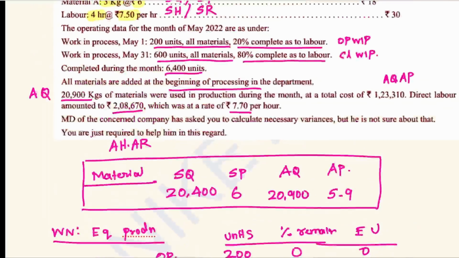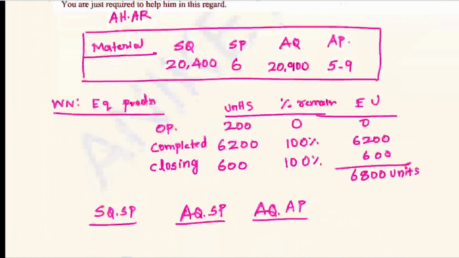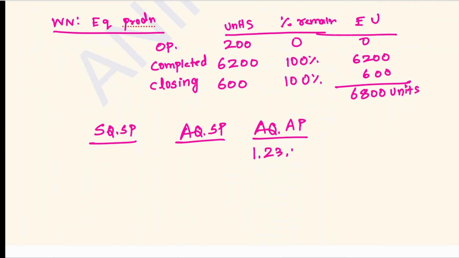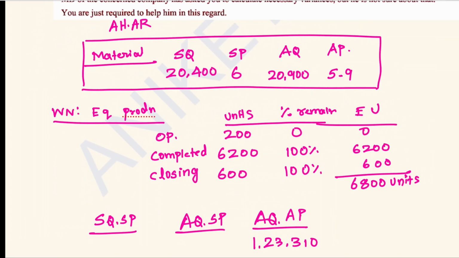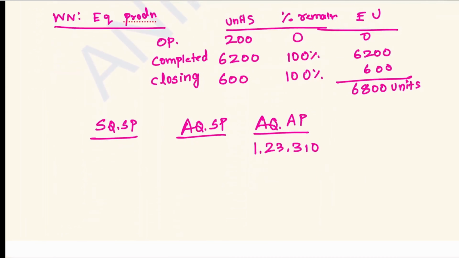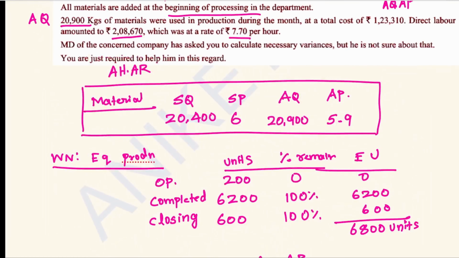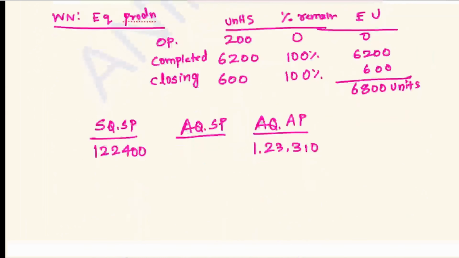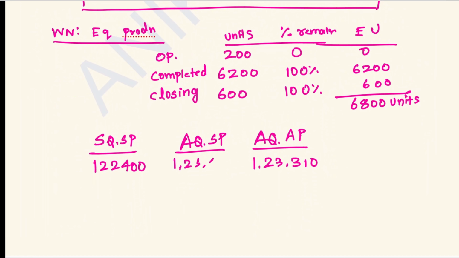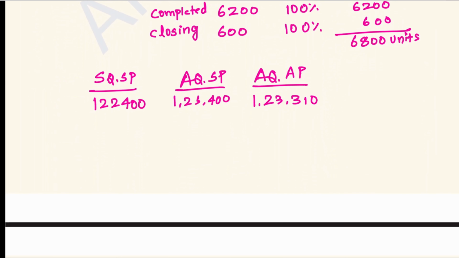AQAP is directly given in the question, which is 123,310. Now SQSP, 1,22,400. Now AQSP, 1,25,400. Now my job is simpler.